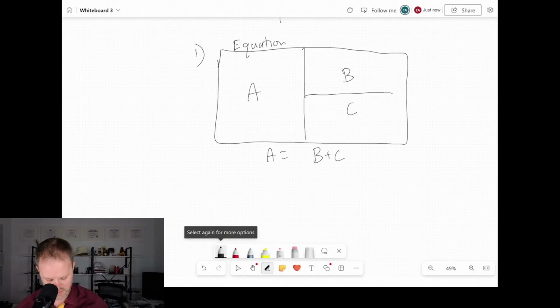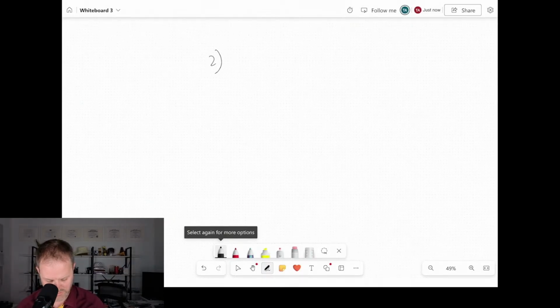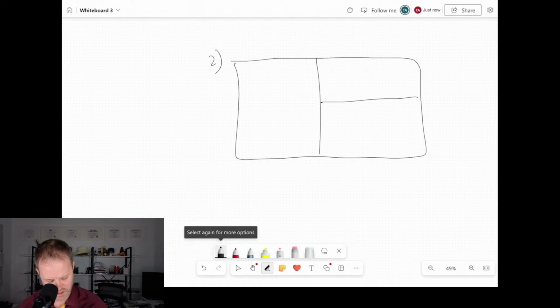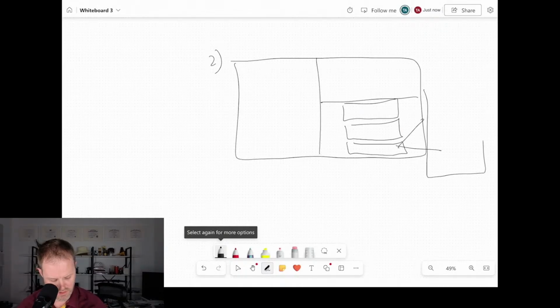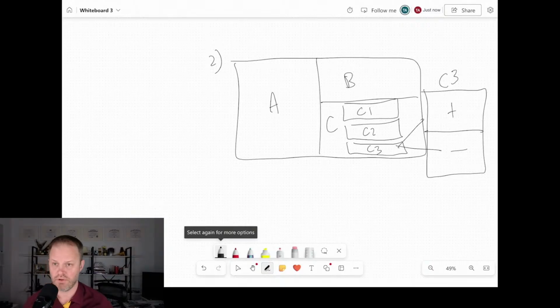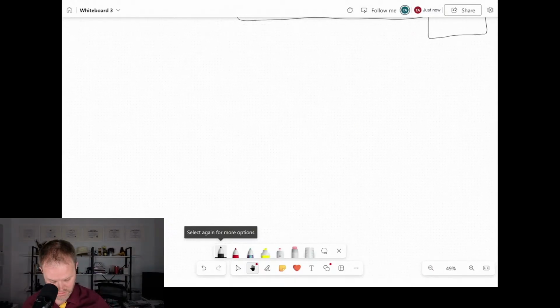And then next will be break down the equation into the breakout: A, B, C, where there's C1, C2, C3, and so C3 is broken down into different components.